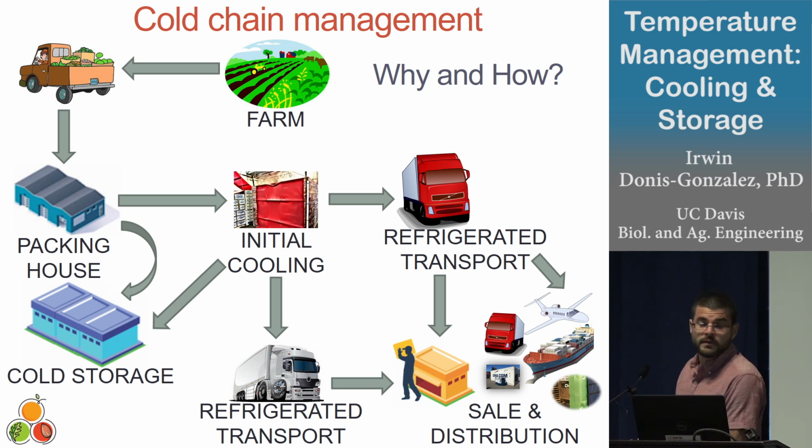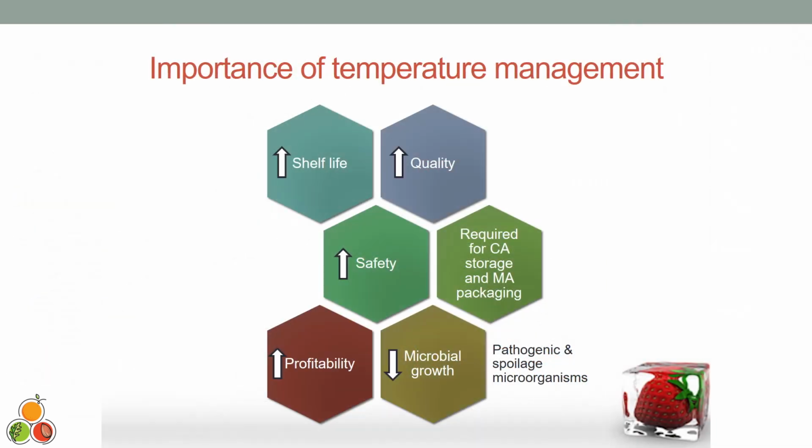The change of word adds to that cold management chain: there is no such thing as pre-cooling. There's initial cooling, and cooling has to be present since the beginning. The importance of temperature management is that we increase shelf life and enhance our quality and safety. It is required for controlled atmosphere and modified atmosphere packaging.